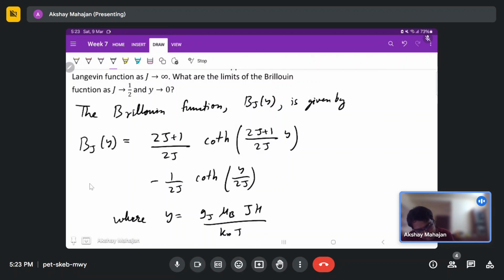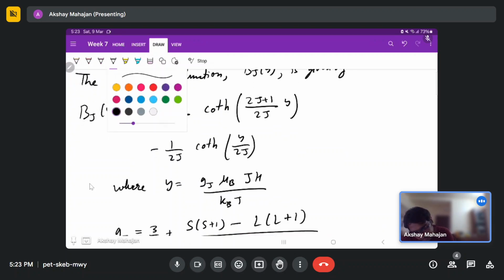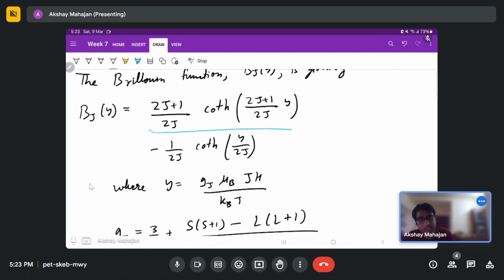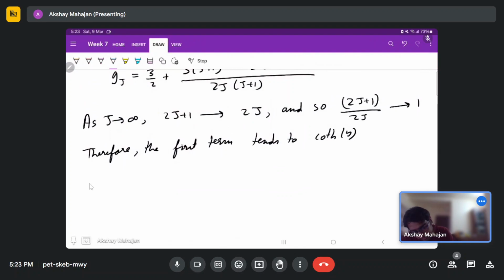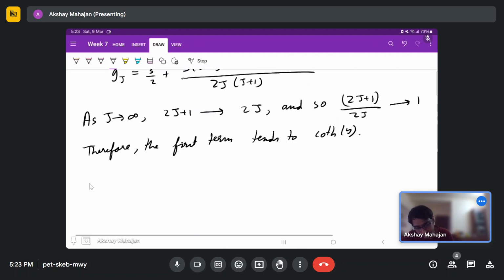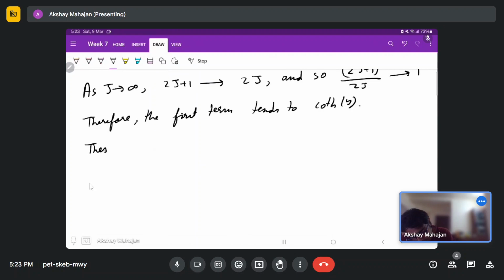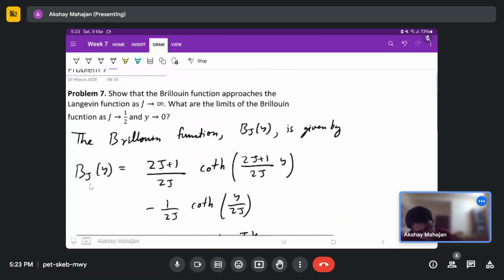So this first term will go towards coth y.